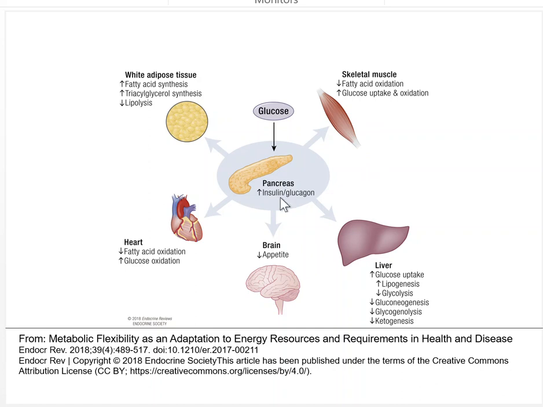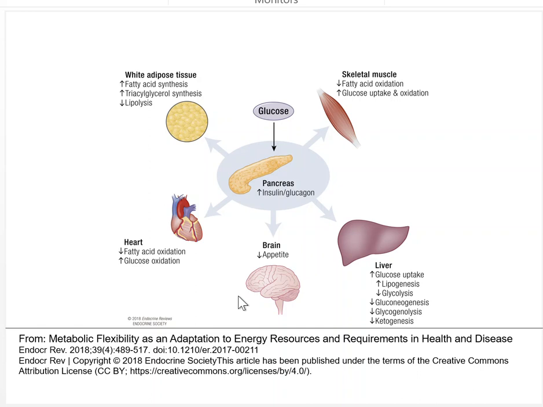Another important point that I want to bring up is the brain. When we have a high insulin to glucagon ratio in non-insulin resistant folks, we'll see a decrease in appetite. Insulin will suppress appetite in the central nervous system because we are in a state of being fed. That's a perfect mechanism.